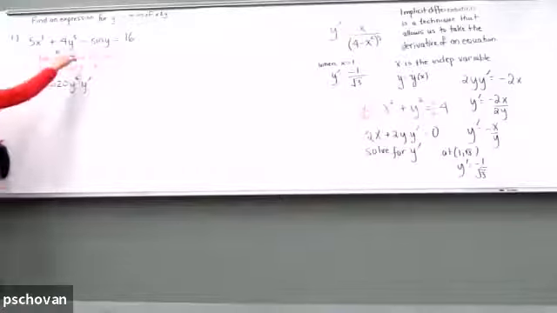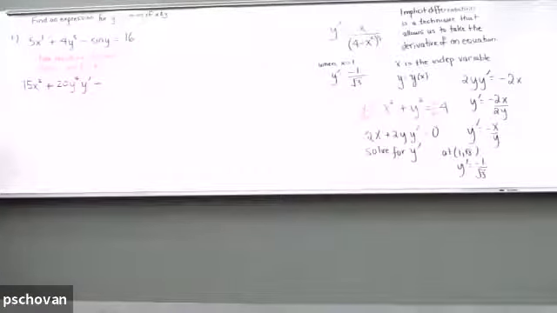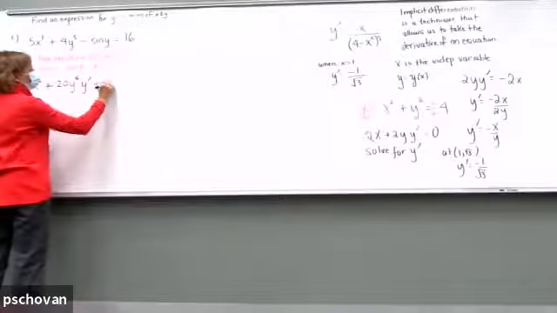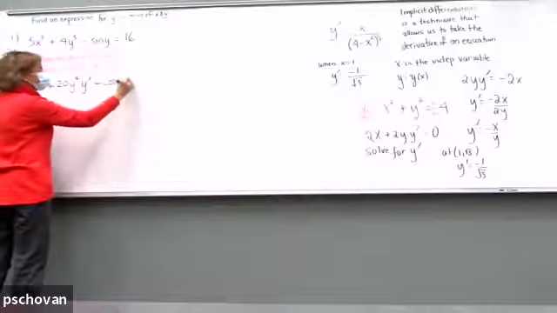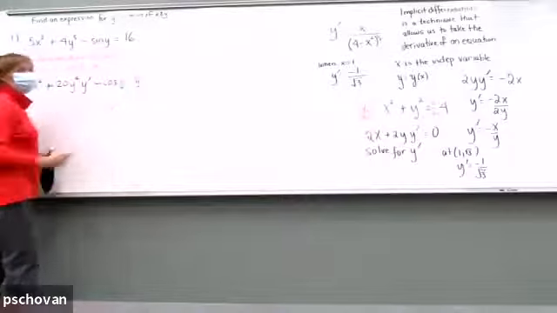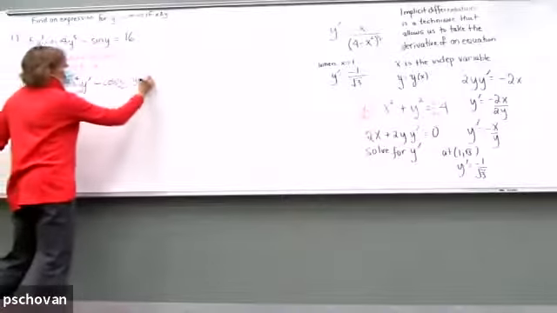Now we take the derivative of the sine of y. What do you think the derivative of the sine of y is going to be? Cosine of y times y prime. I just took the derivative of the dependent variable. That's the chain rule. Then the derivative of 16 is going to be 0.